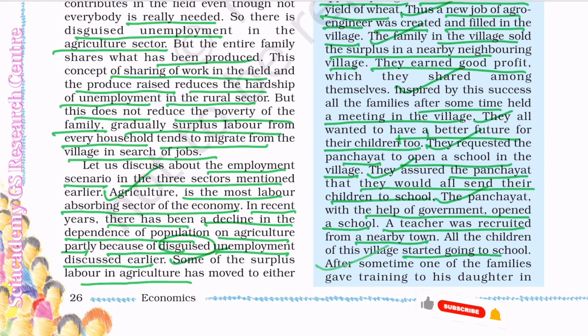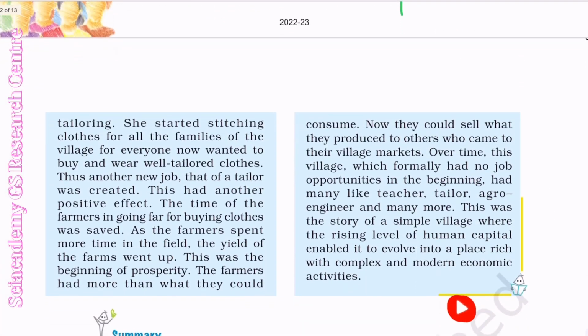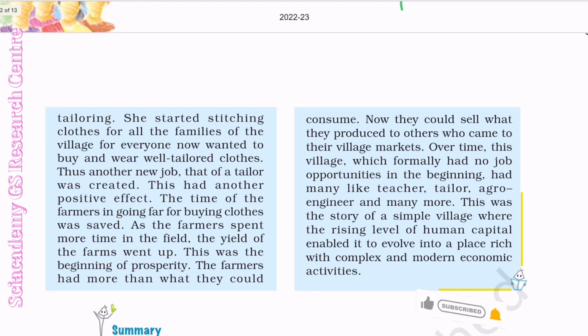After some time, one of the families gave training to his daughter in tailoring. She started stitching clothes for all the families of the village, for everyone now wanted to buy and wear well tailored clothes. Thus, another new job, that of a tailor, was created. This had another positive effect.